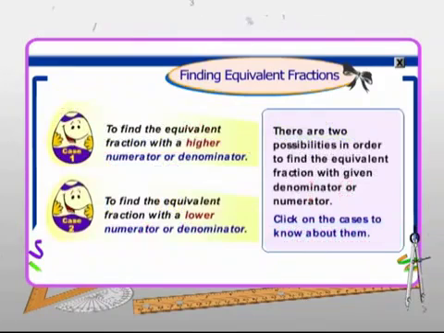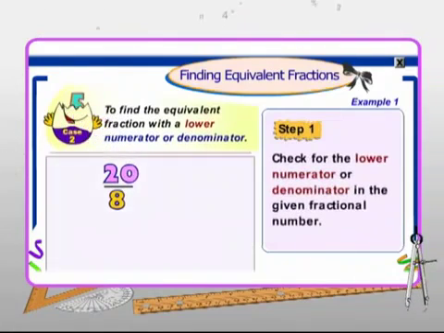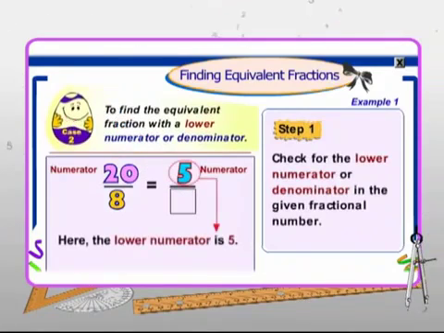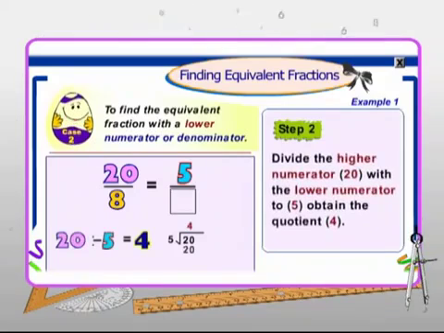Now consider case 2. To find the equivalent fraction with a lower numerator or denominator, look at the example of case 2. In step 1, check for the lower numerator or denominator in the given fractional number. Here, the lower numerator is 5. In step 2, divide the higher numerator, that is 20, with the lower numerator, that is 5, to obtain the quotient.